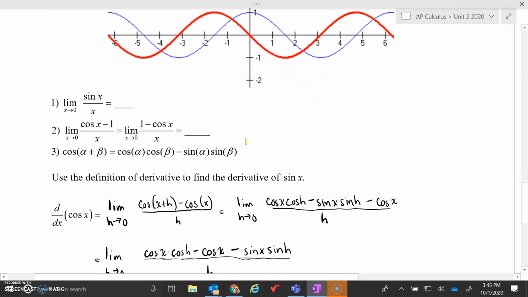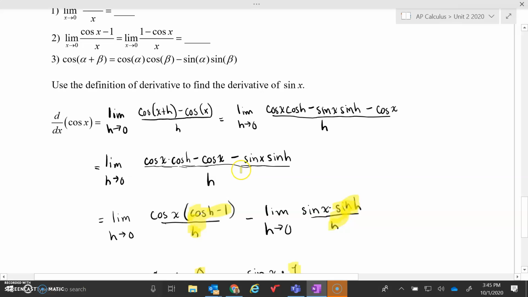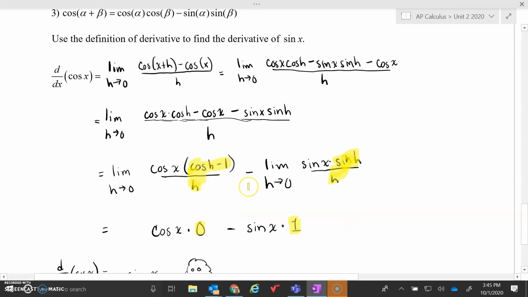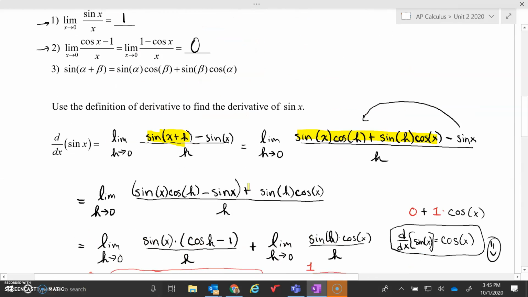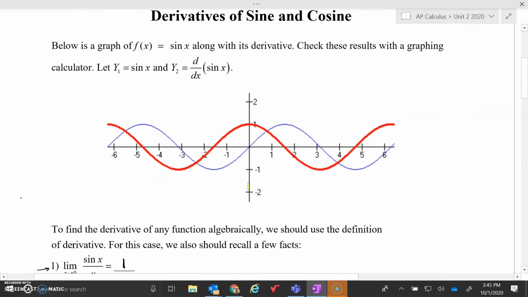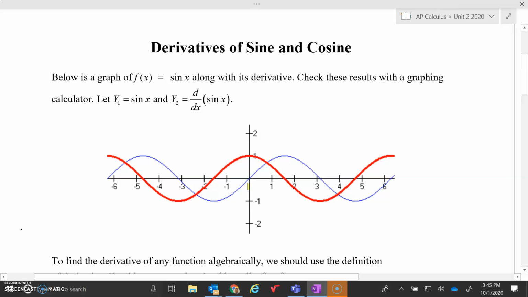So why don't you take a scrap sheet of paper, see if you can follow along through that proof, or even try the proof on your own, and then go back and check to see if you can rearrange the terms in the right way, and also use the limit properties the way you're supposed to use them. So anyway, I've done my best to show you why the derivative of sine is cosine and the derivative of cosine is negative sine.